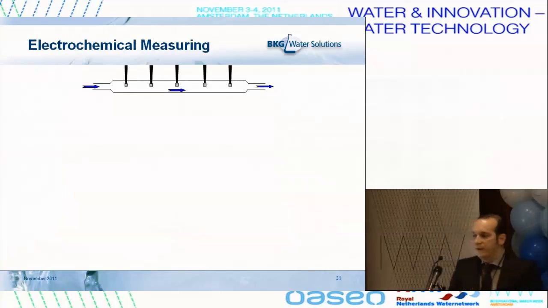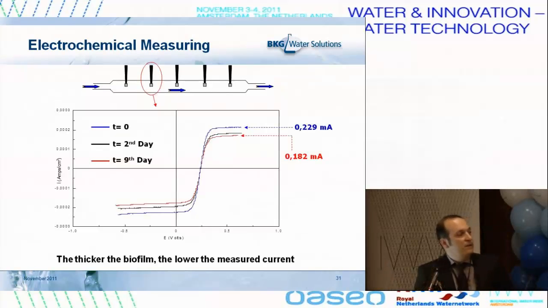And what you are measuring here is, in fact, the current. So this is the one electrode at time scale 0. So you have this current, and this is the curve after 9 days of the same electrode, and you have a current of 0.182.